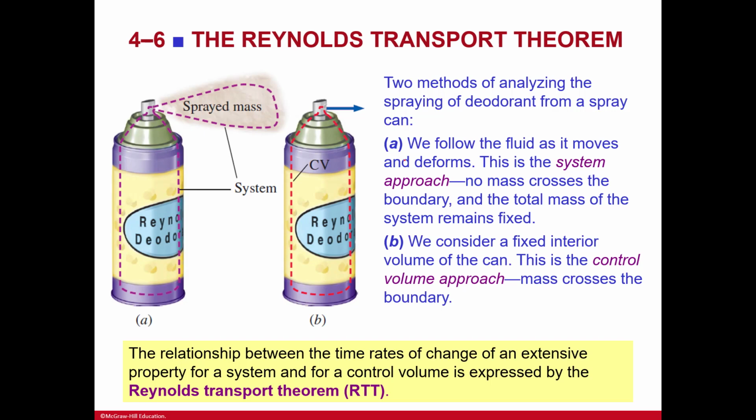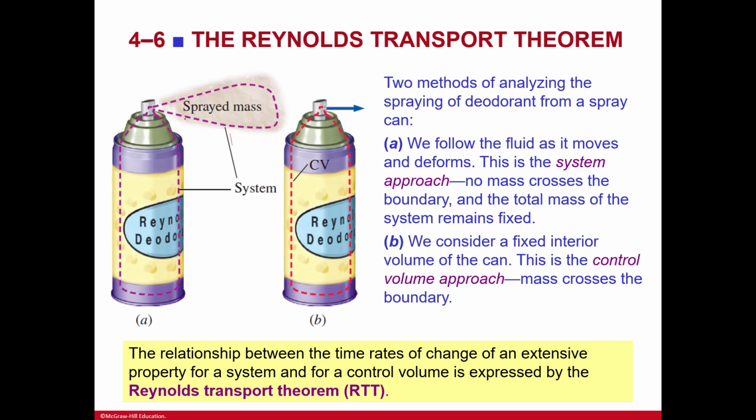You have what's in the can and then the spray mass that is exiting the can. If you look at picture A, we follow the fluid as it moves and deforms. This is the system approach, right? No mass crosses the boundary and the total mass of the system remains fixed. And then in B, we consider a fixed interior of the can, and this is the control volume approach, where mass crosses the boundary.